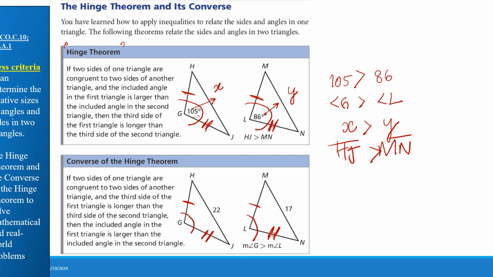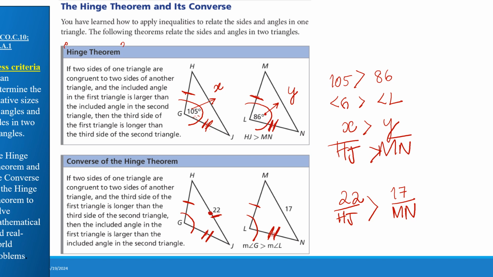Now understand this one. What is this side? 22, right? What is the name of the 22 side? It's HJ, right? It is bigger than 17, right? And what is the name of this side? It is MN, right? If this is the scenario, then where is the included angle?